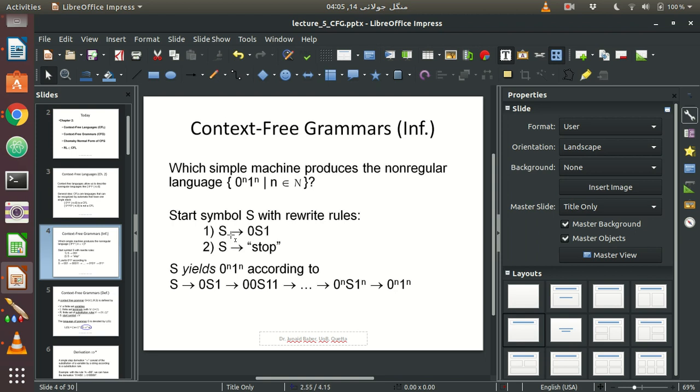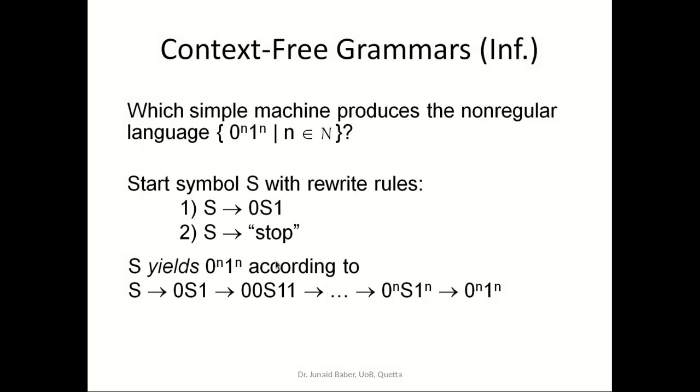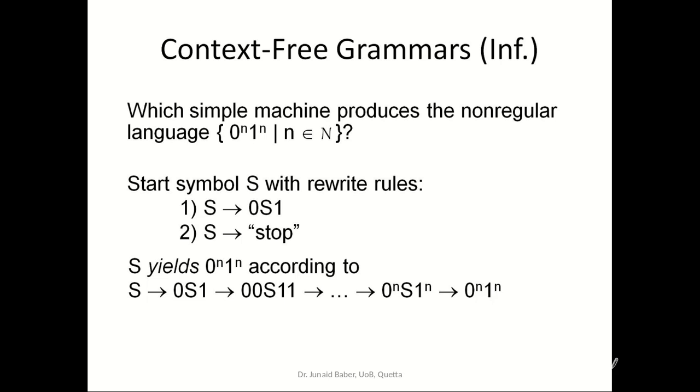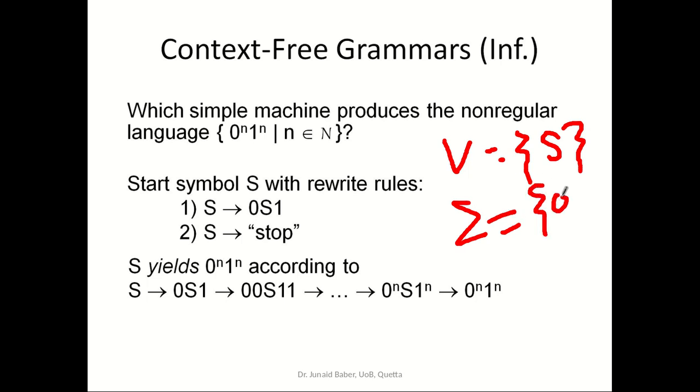We can have a variable S. So what is V here? V is only S. We have only one variable. And what is the terminal? In terminals we have 0 and 1.